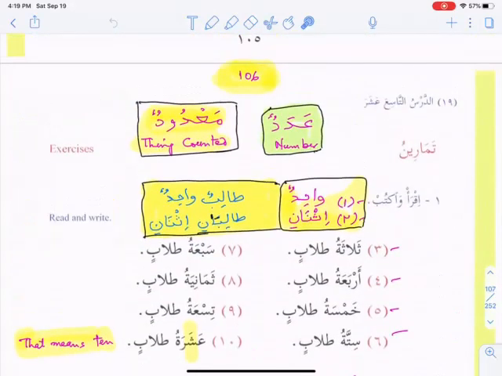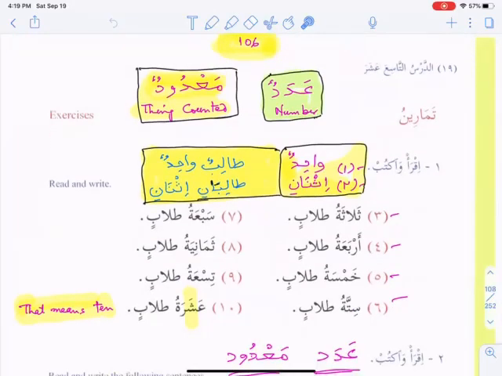So we have salasatu talibin, arba'atu talibin, khamsatu talibin, sittatu talibin, sab'atu talibin, thamaniyatu talibin, tis'atu talibin, asharatu... No, I beg you. Where did I say talibin? Tullabin, I beg your pardon.